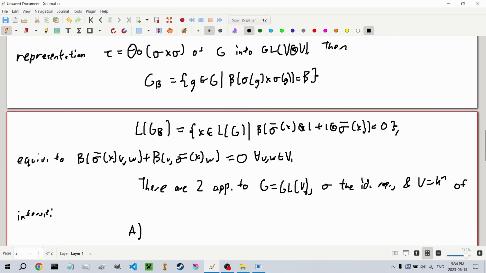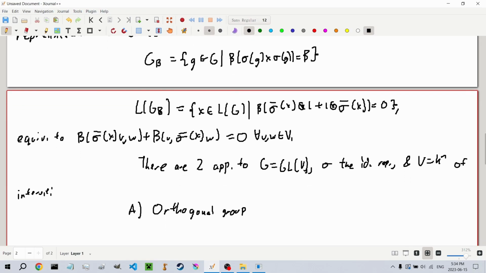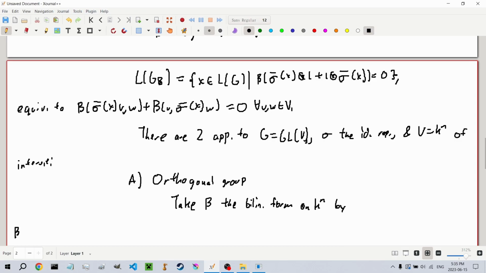For case A, the orthogonal. So we're going to take beta to be the bilinear form on k to the n by beta of x1 through xn semicolon y1 through yn to be the sum of each x with its corresponding y.